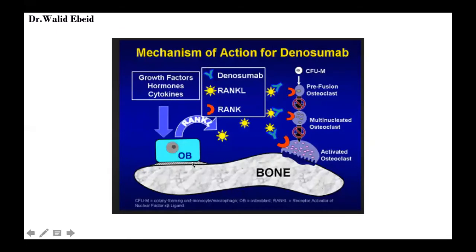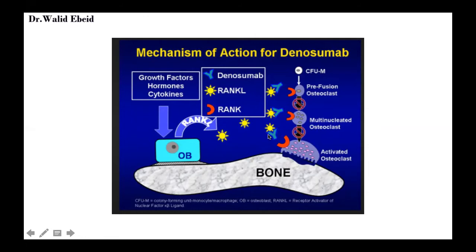You can see here that the osteoblast produces the rank ligand that is supposed to activate the osteoclast, but the denosumab, which is horseshoe shaped like this, binds to the rank ligand, thus preventing it from reaching the receptor on the osteoclast and the osteoclast precursor, so it inhibits the transformation of a pre-osteoclast into an osteoclast, and it inhibits the activation of the osteoclast, thus inhibiting the bone resorption.